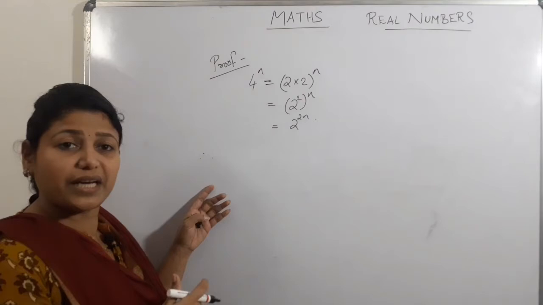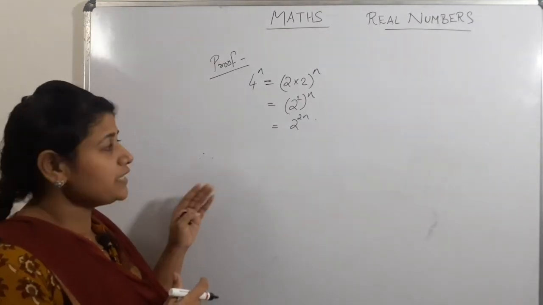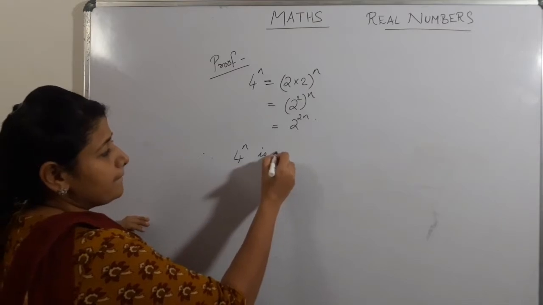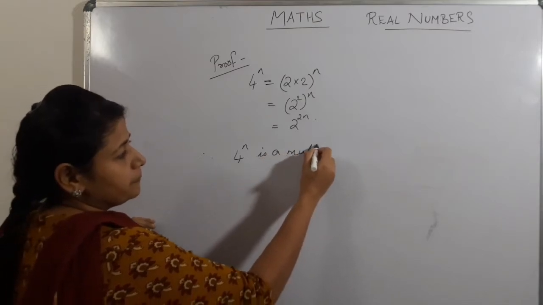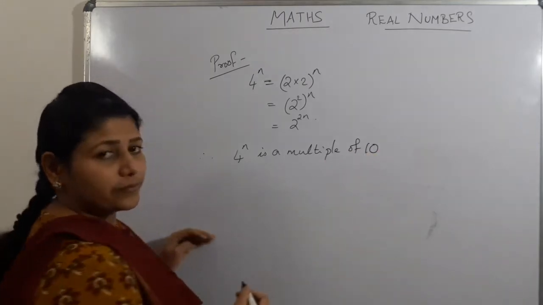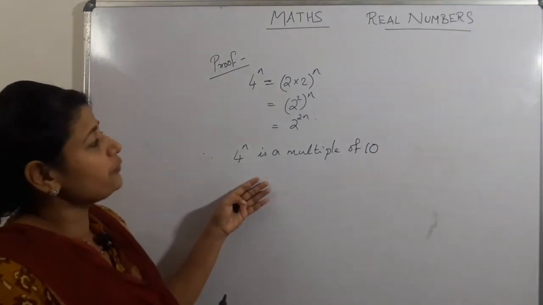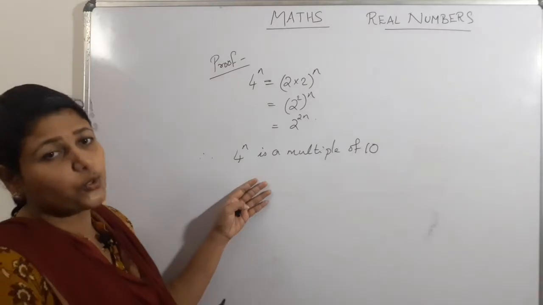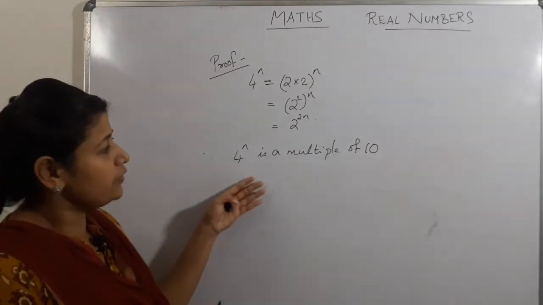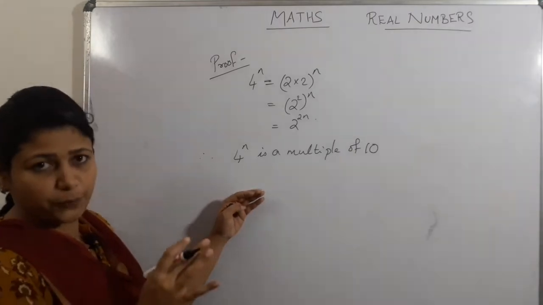This we will prove by the contradiction method. First we will assume that 4 raised to n is a multiple of 10. Then only will you find a number which ends in the digit 0.